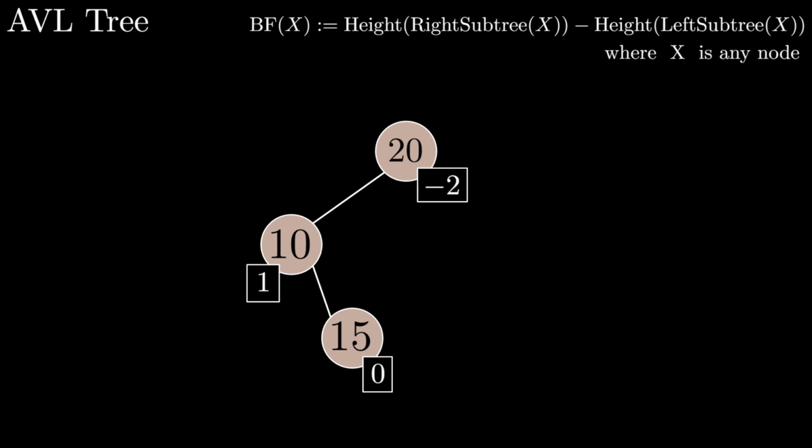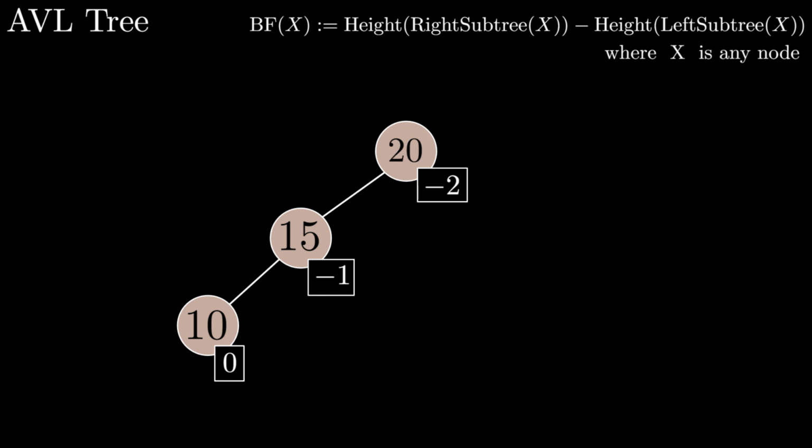Specifically, this is called a left-right imbalance because the problem node is the right child of a left subtree. A simple rotation won't fix this, so the AVL performs a double rotation. First, a left rotation around 10, followed by a right rotation around 20.